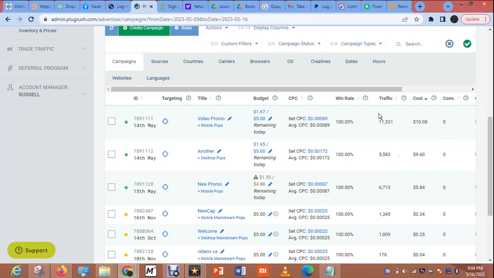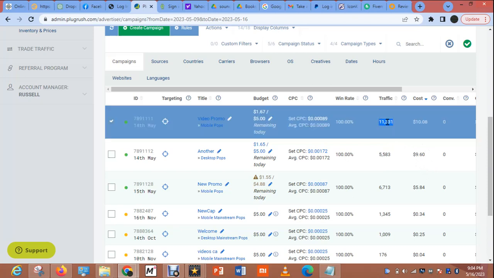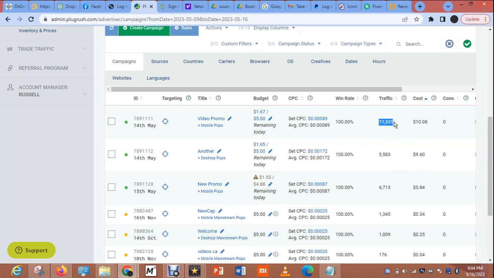So conversion matters most. Out of this 11,000, what you might have is about 3,000 or 4,000. Yeah, something like that. That's about 3,000 out of that 11,000.